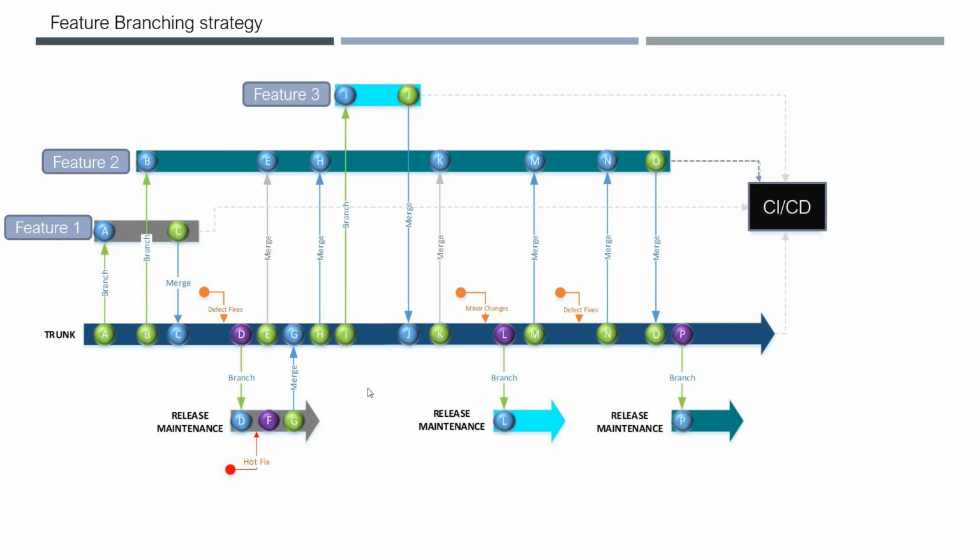The release branch has to be merged with the trunk if there are any bug fixes in the release branch. If there are no changes in the release branch, then you don't need to merge it back, because both are the same. But we haven't merged any changes from feature one and feature two branches onto the trunk branch earlier.